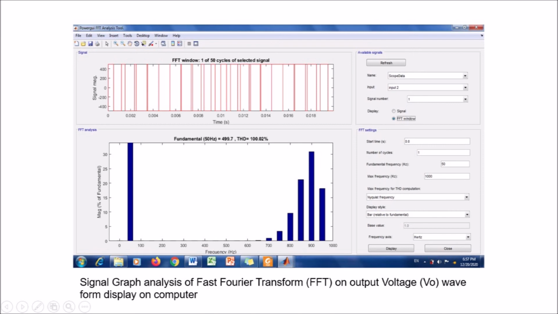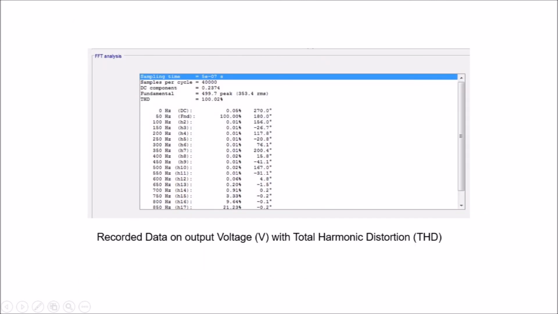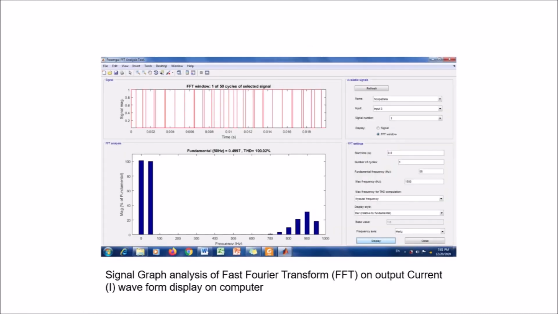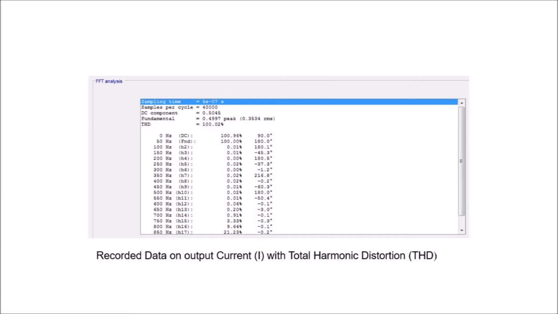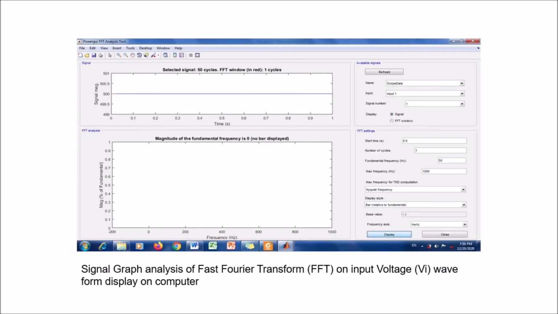The signal graph analysis of fast Fourier transform on output voltage waveform is displayed on computer, where the FFT analysis shows the distortion occurs, where it shows the values of fundamental frequency in Hertz, total harmonic distortion percentage, V peak to peak, and VRMS, and the current output, current peak to peak, and current RMS. As for the last two figures, they show the input voltage and there is no distortion.